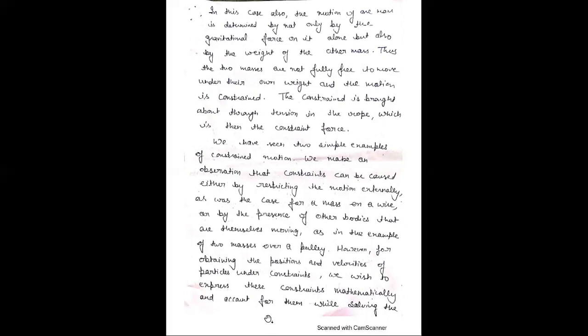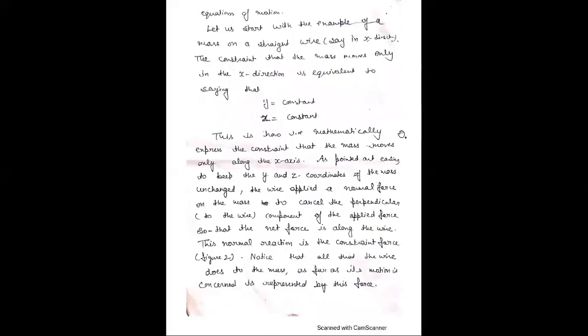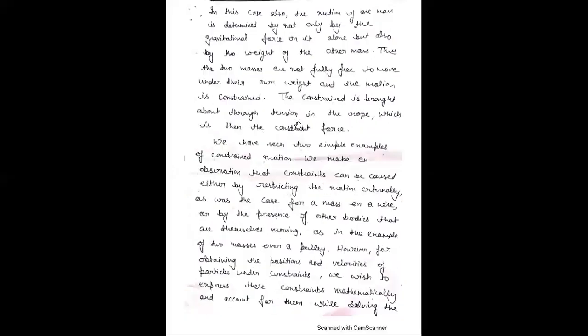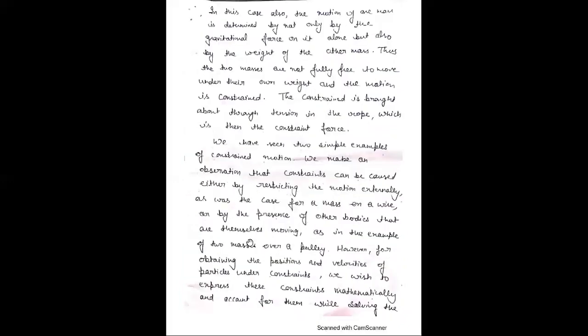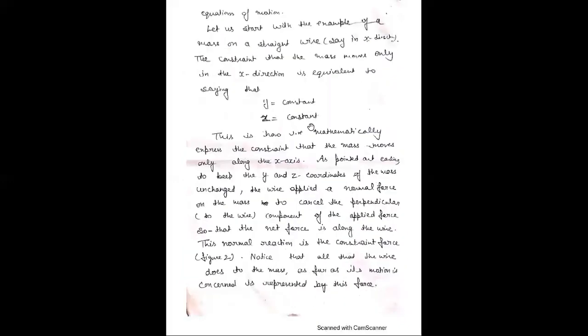Therefore, first of all, start with example 1. The constraint is that the mass moves only in the x direction. Therefore, y is constant, z is constant. Here, the body moves only along the x-axis. There is no movement along the y and z axes. Therefore, y and z are constant.